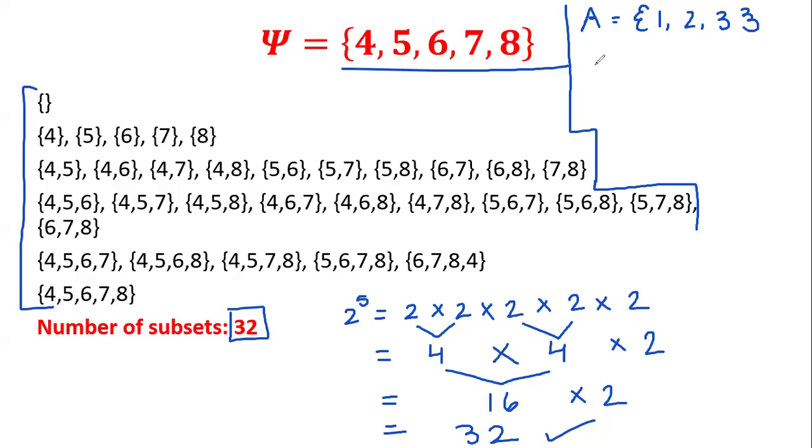So remember we did 2 to the power of 5. For this one, to find how many subsets, all we need to do is 2 to the power of 3. What is 2 to the power of 3?